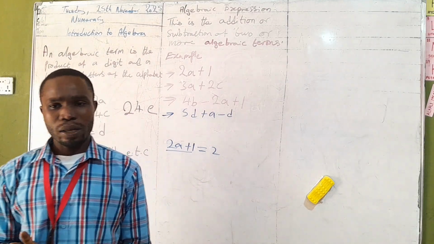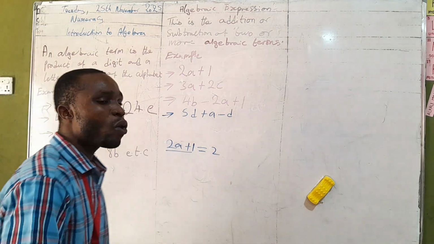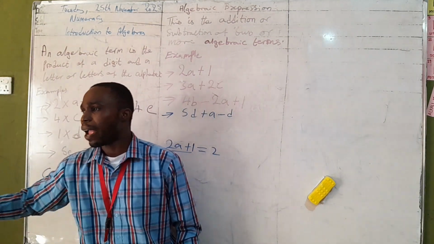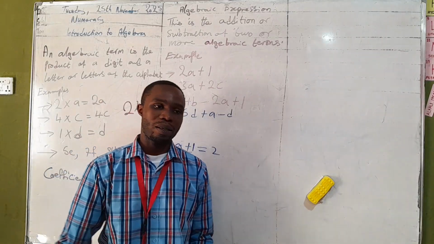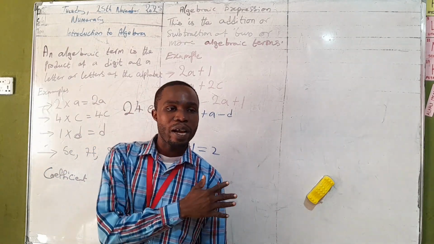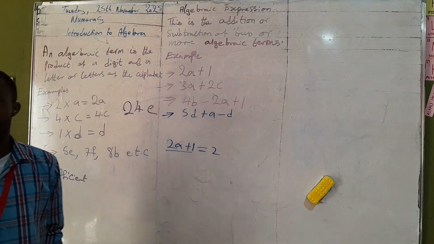Is that understood? Yes. So we are now going to go into algebraic simplification. How do we simplify algebraic problems? Before we move to that point, do I have any question from what we have done so far? Yes, Precious.